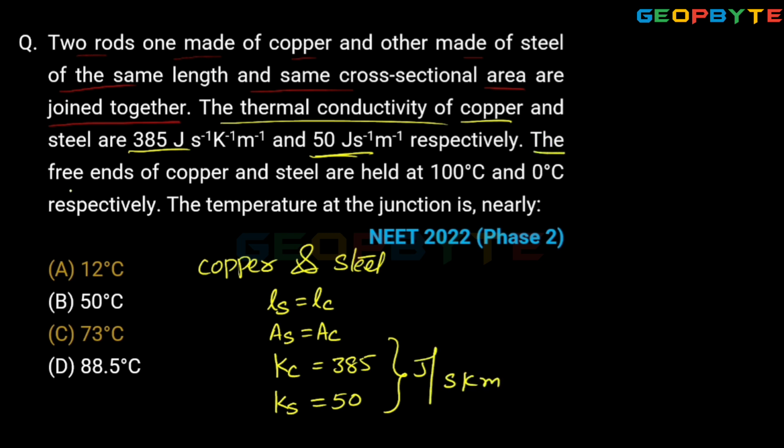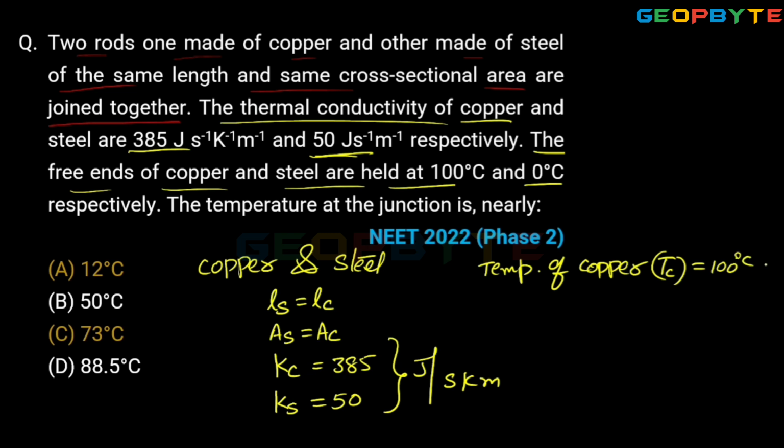The free ends of copper and steel are held at 100 degrees centigrade and 0 degrees centigrade. That means temperature of copper, that is Tc, is 100 degrees centigrade, and the temperature of steel is equal to 0 degrees centigrade respectively.